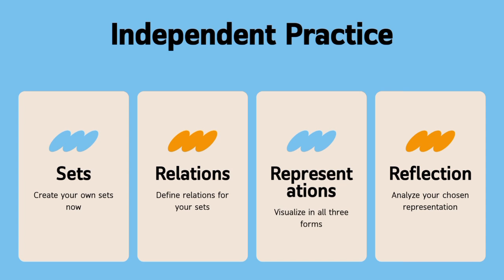Represent your relation in three forms: arrow diagram, table, and matrix. Finally, reflect. Which representation feels most natural to you? Which one helped you understand the relations best?